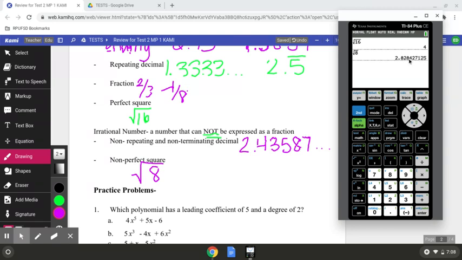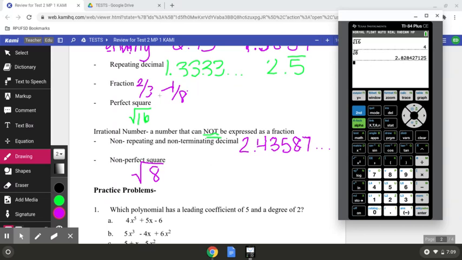So it appears like in your calculator this decimal stops because you don't see the ... But because your calculator has the capability to only show 10 digits, this technically maxes out the screen. Therefore, it's going to keep going on, and it is irrational. So just keep that in mind, that sometimes we think that the decimal's stopping because the calculator can't show us anymore, but it is not stopping.